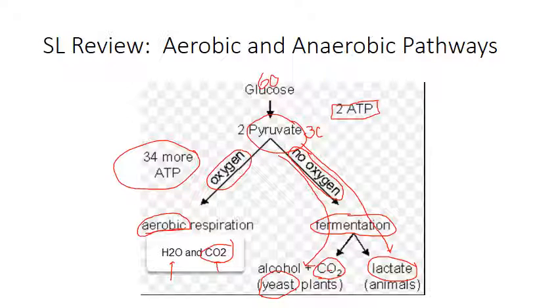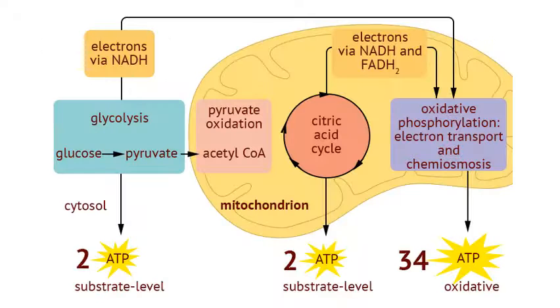So you have to be careful. You have to look at what else they're producing, whether it's water or alcohol, or you can look at the ATP yield. Aerobic always produces more ATP. Fermentation doesn't get any additional ATP. All you get is the lame 2 ATP that you made with glycolysis. So just watch yourself there.